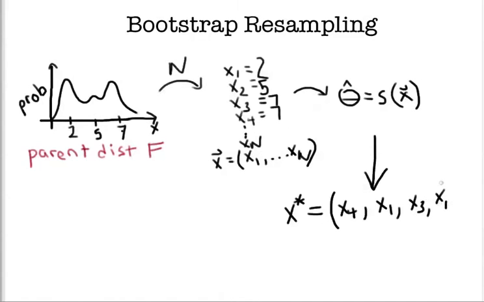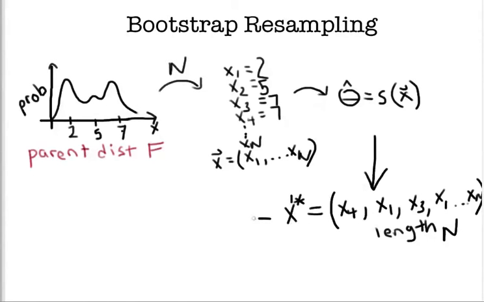So we sample with replacement, so we can get the same values more than once, all the way out to some xn. So this is a length n vector. I'll denote this as the first bootstrap resample we've done.